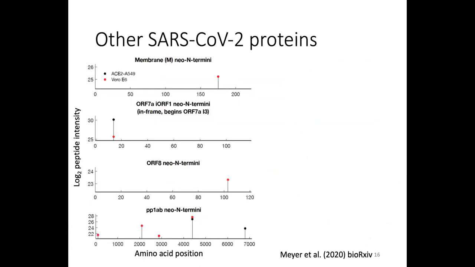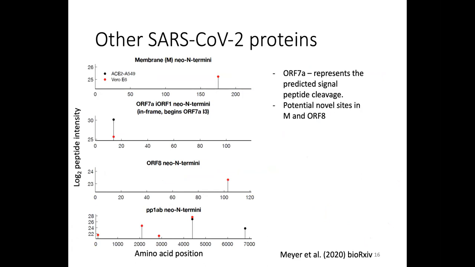We also found cleavage events within other SARS-CoV-2 proteins, for example, signal peptide cleavage of ORF7A, potential cleavage sites in membrane and ORF8, albeit only observed in the Vero cells, as well as novel cleavage sites located within the protein, so internally within NSP1, NSP3, and NSP4.